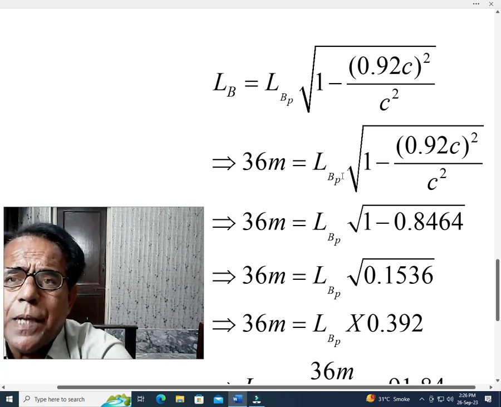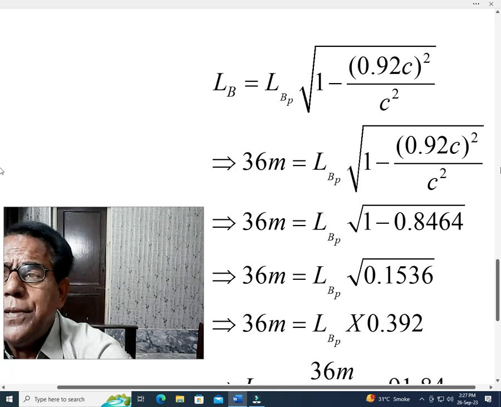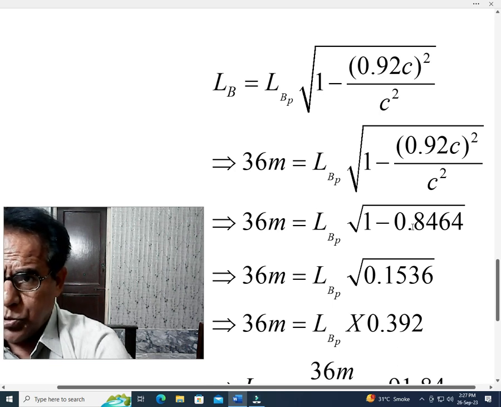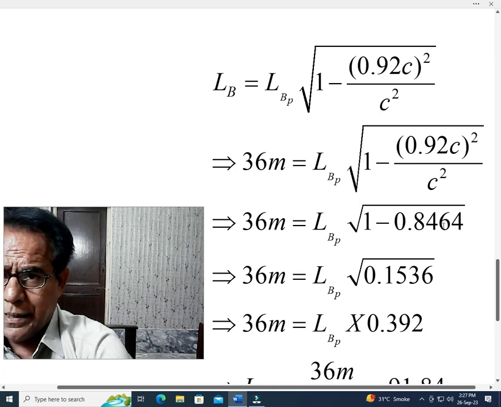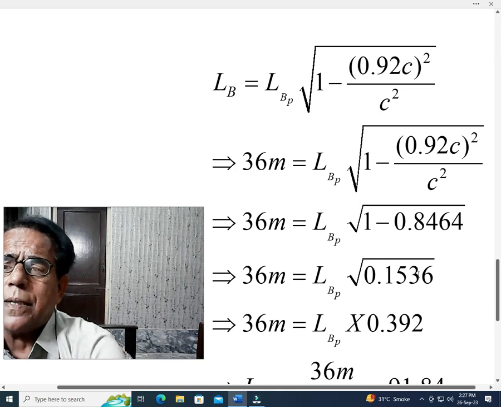C square is cancelled out with c square, and the square of 0.92 is 0.8464, and when this factor is subtracted from 1, we get 0.1536, and when the under root of this factor is taken, it becomes 0.392.